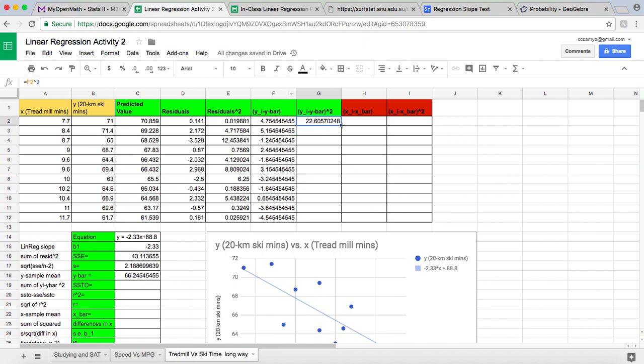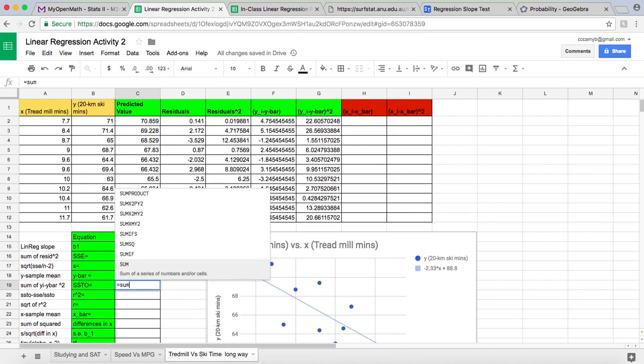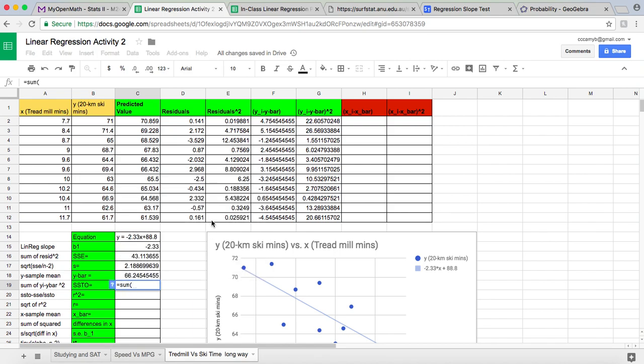We go up, click down, and now there's our differences in y's squared. So our SSTO is just the sum of these. So we're going to click on our SSTO. This is equal to the sum of, again, we go highlight the column that we want to sum.